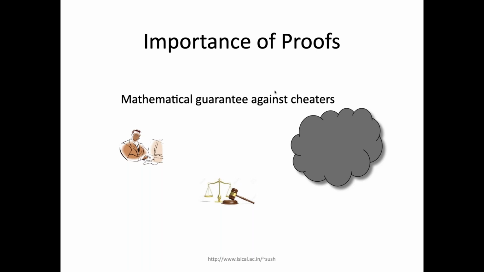But in the absence of that, or if we do not want to ask for legal help, is there a mechanism to do it automatically, or is there an automated way of taking care of this, or emulating the court of law? And that is why we try to come up with some mathematical proofs to guarantee against cheaters.